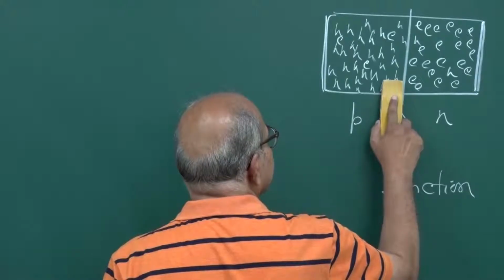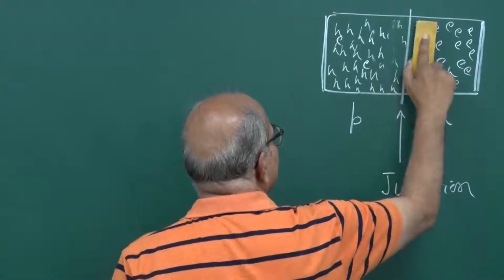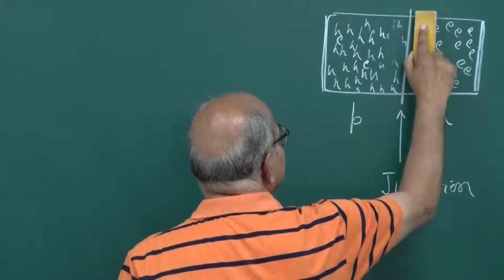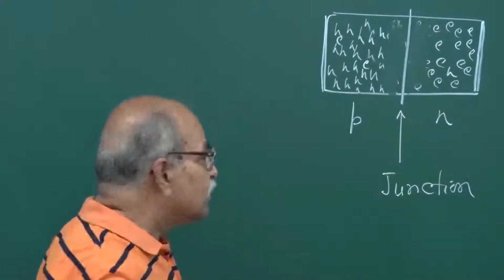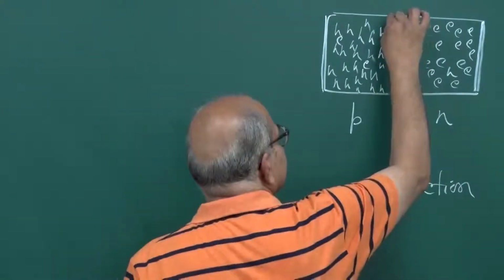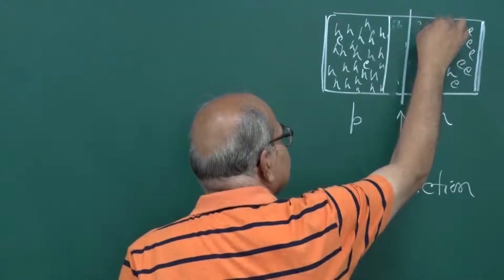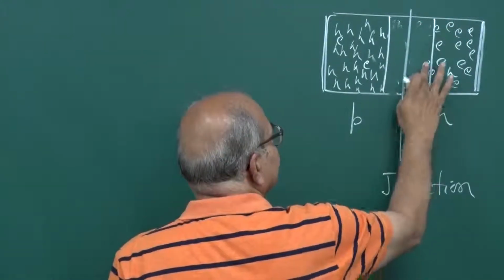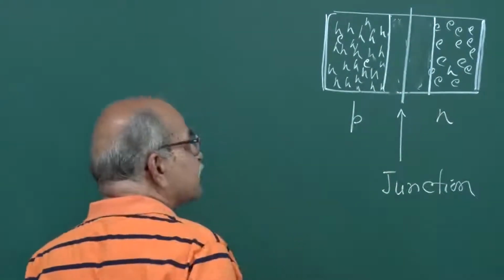There is some region on the two sides of this junction where you do not have charge carriers, but then the charge density is there.